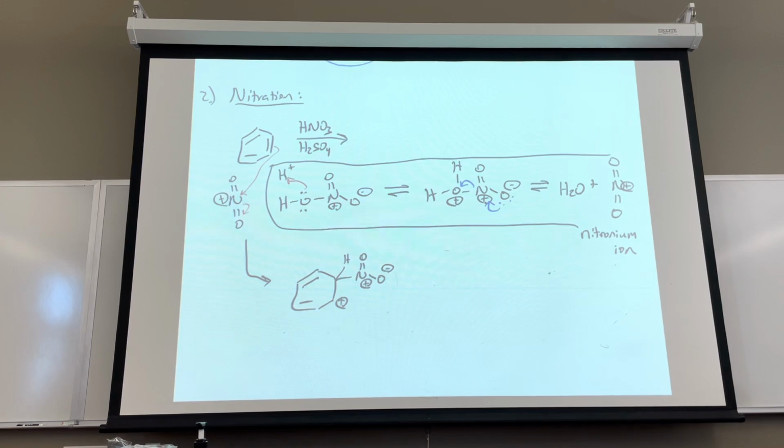Like that. And then, as with all of these, the second half is some sort of a conjugate base. In this case, it would be either water or bisulfate. Some conjugate base is going to come in, grab the proton, and restore the aromaticity of the ring. So your final product looks something like that.